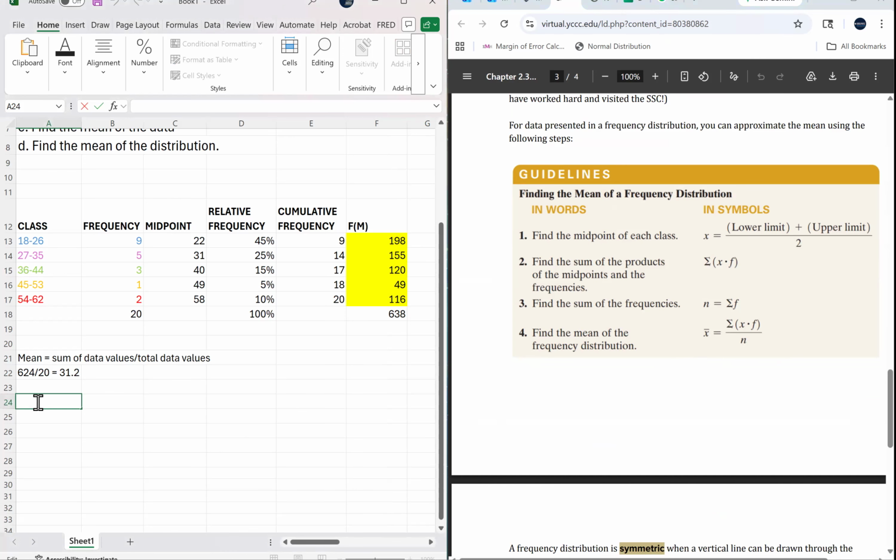So let me write down what we just did. Something like that.